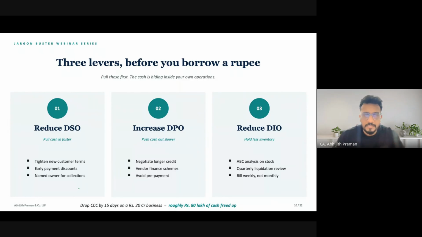So drop CCC by 15 days on a 20 crore business, roughly rupees 80 lakh of cash freedom. So if you reduce the cash conversion cycle by 15 days in a 20 crore revenue business, you are ideally making 80 lakh free to deploy in your business. Maybe you can hire new people or you will be having more breathing space in your business.